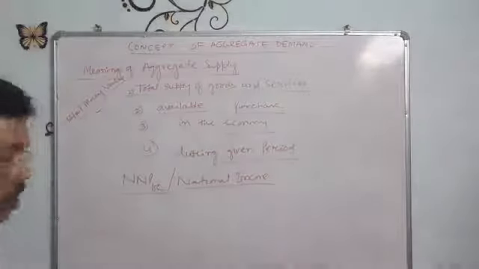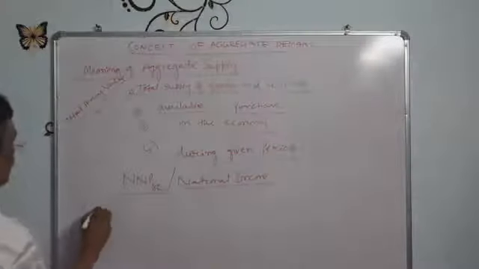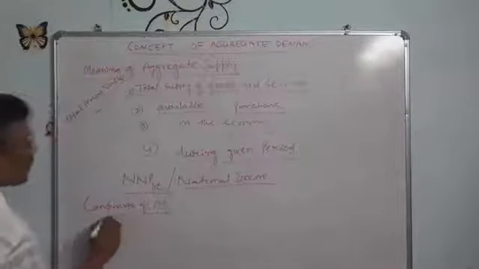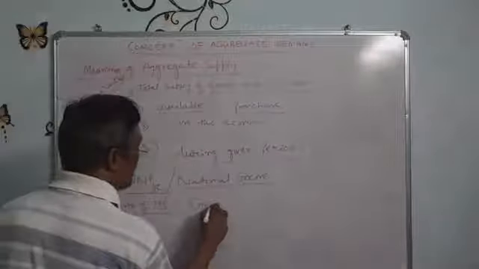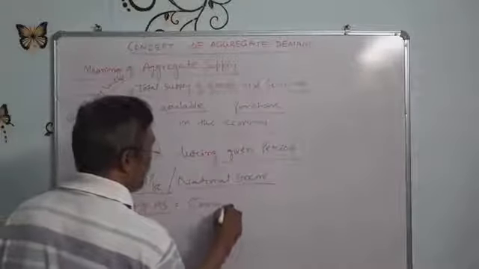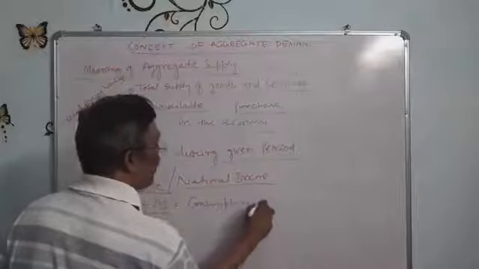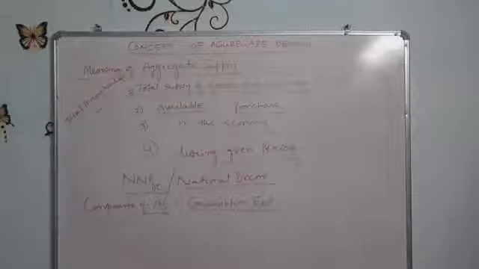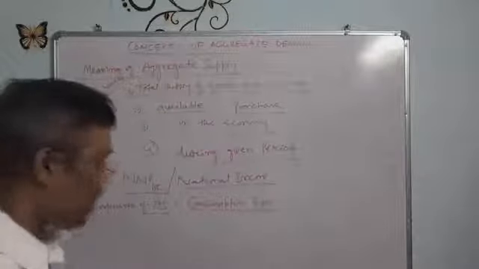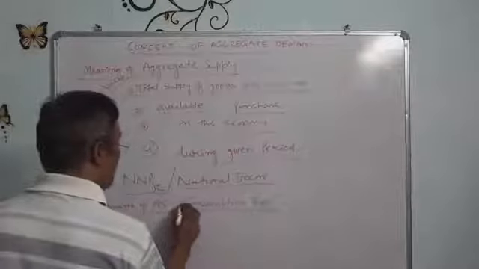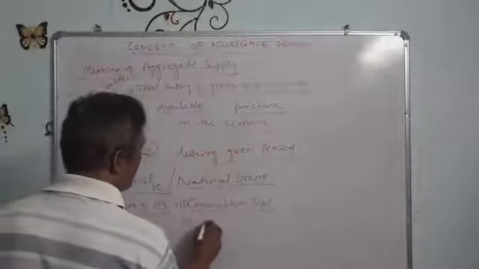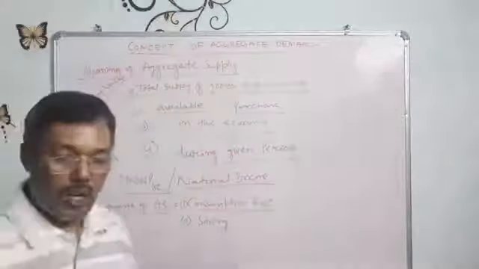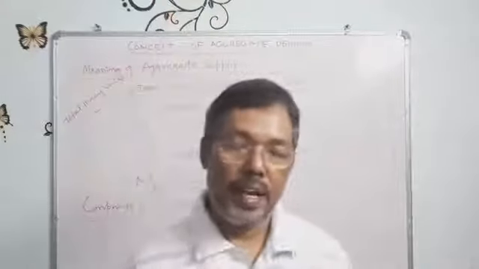The components of aggregate supply: the first is consumption expenditure, and the second is saving. Consumption expenditure and saving are the two components of aggregate supply.